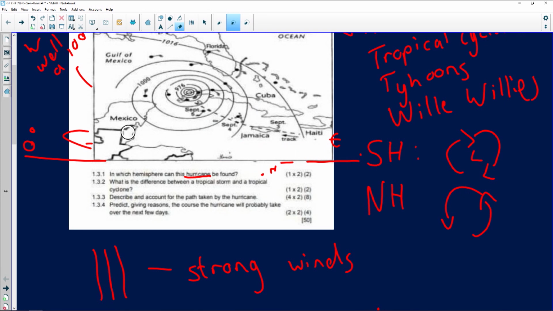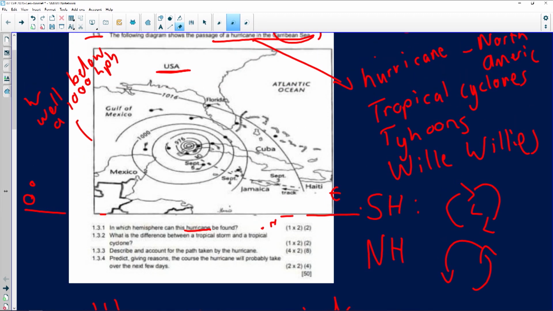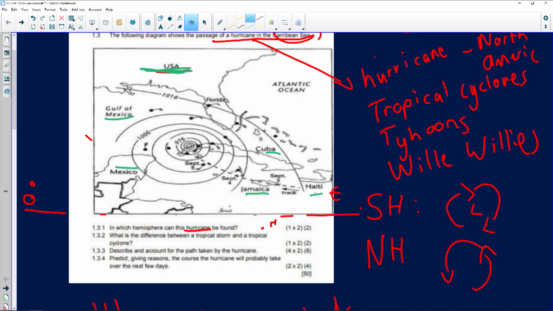Now, especially if you look at this section of the Americas, as you can see, you've got the United States over there, that's land. You've got Mexico situated over there. So this is the Gulf of Mexico. As you can see, this is ocean. There are the Caribbean islands of Jamaica, Haiti, Cuba.